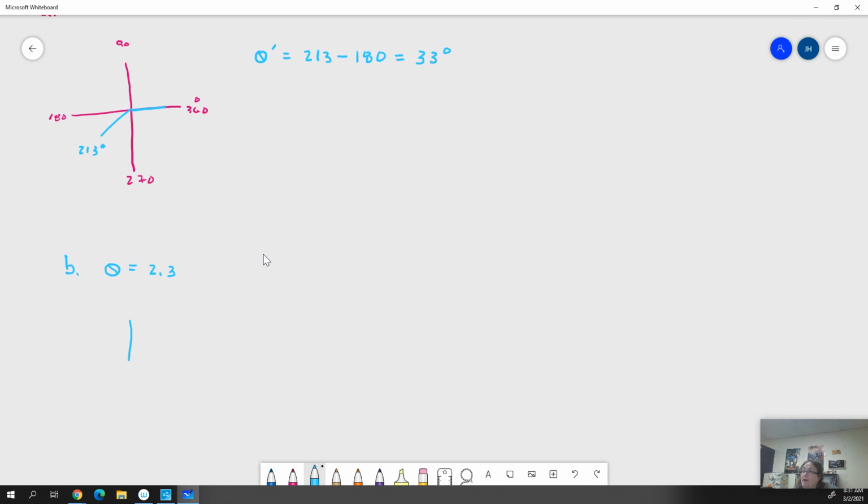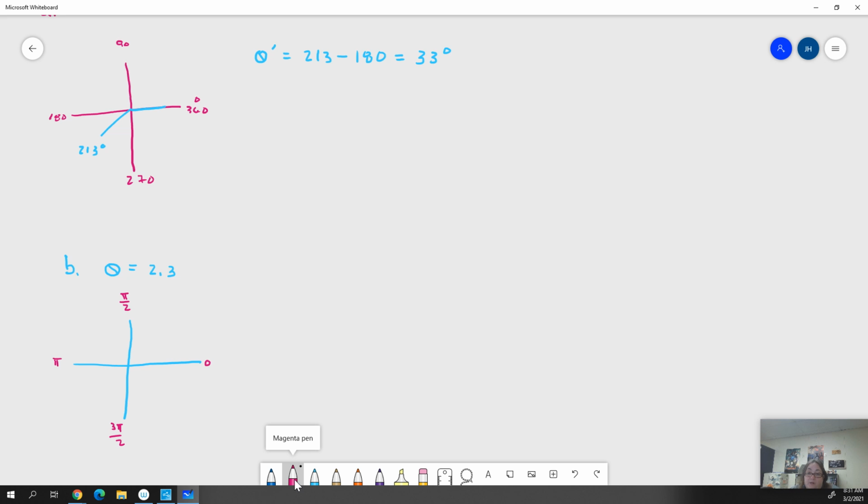So if I draw a graph right here, I know that this is 0, this is pi over 2, this is pi, this is 3 pi over 2. Well, 2.3 is more than half of pi, right?